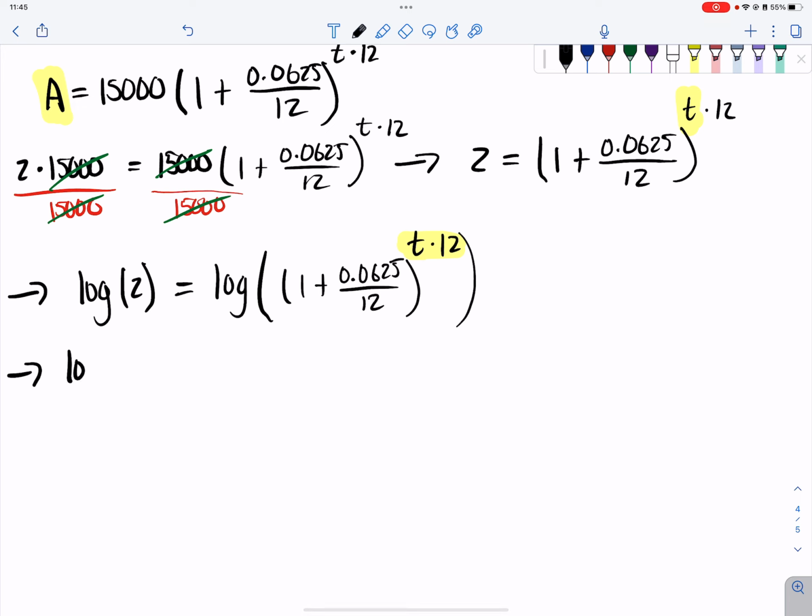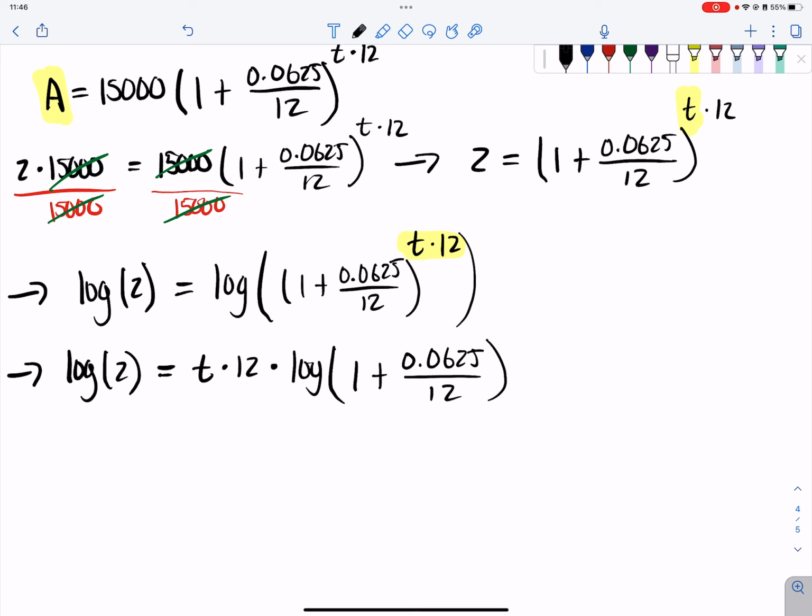So my left side of the equation is going to remain unchanged, log of 2. But the right side, I'm going to take that t times 12 and move it to the front of the logarithm. So we have t times 12 times our log of what we have left in the logarithm, which is 1 plus the 0.0625 over 12. And now we want to solve for t. T is being multiplied by this 12 log of the 1 plus 0.0625 over 12.